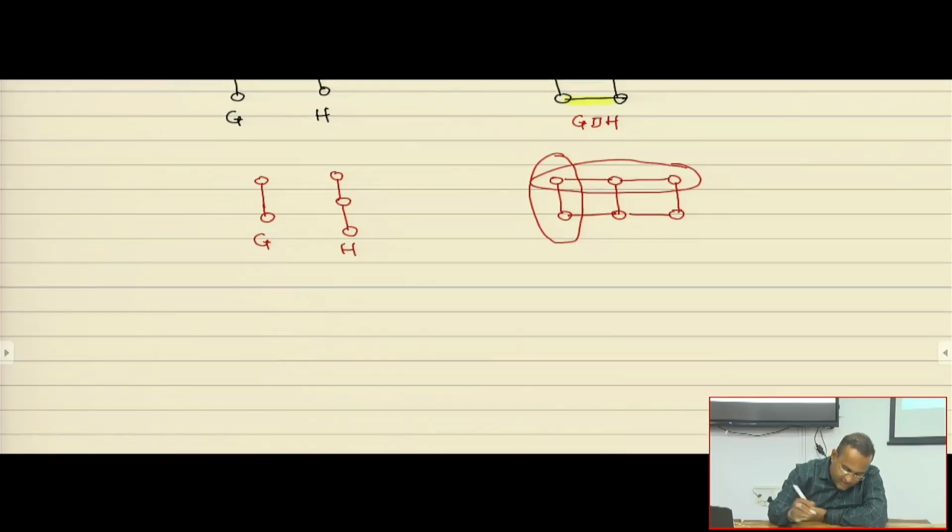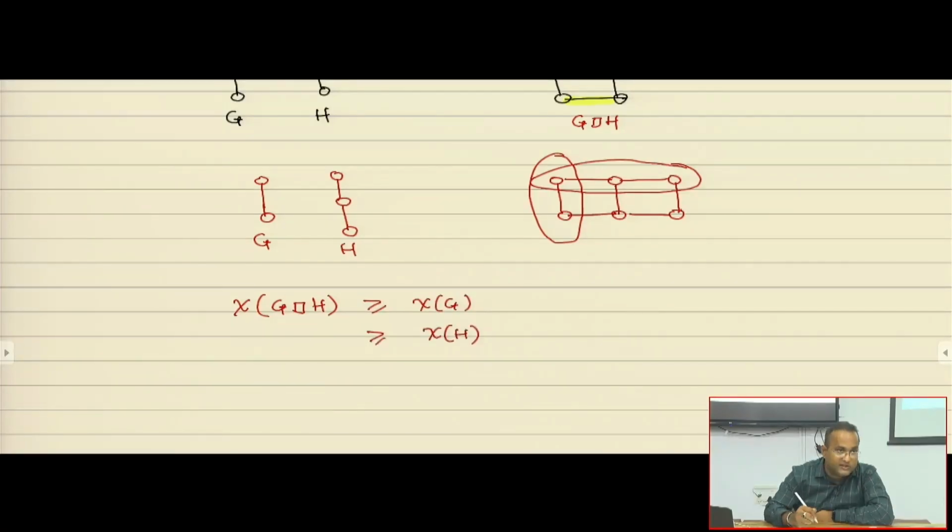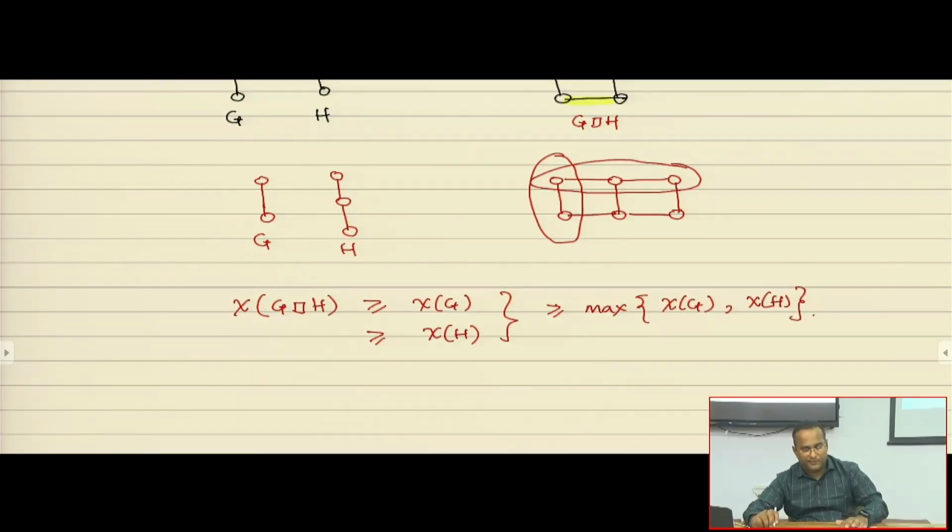Now we need to know the chromatic number of this. What will be the chromatic number of this? Because G is sitting there and H is sitting there, it will definitely be greater than or equal to chi of G, and also greater than or equal to chi of H. So we can say that it is greater than or equal to the max of chi of G and chi of H, right?